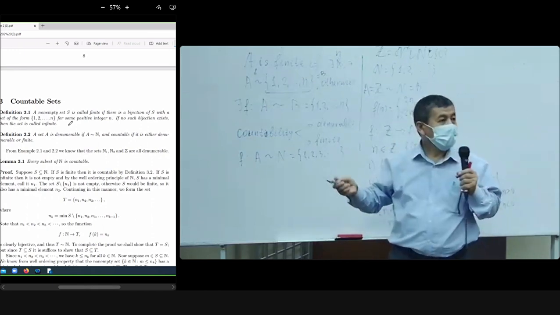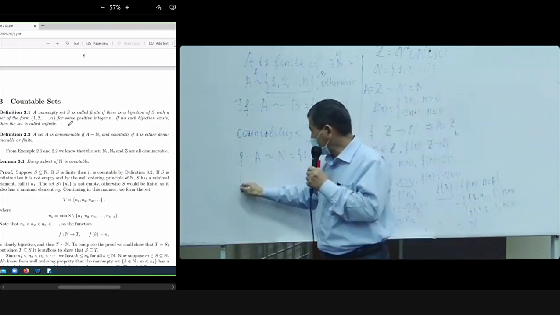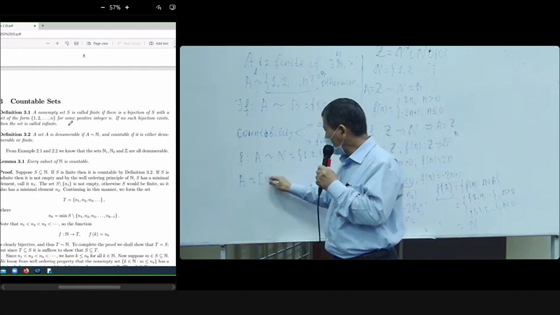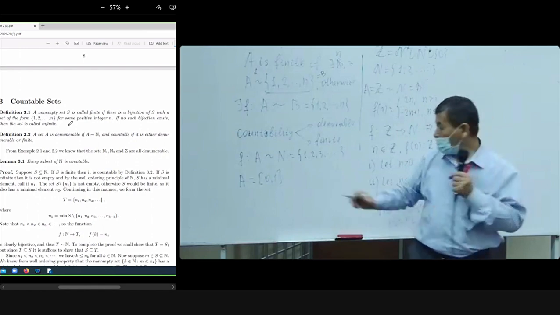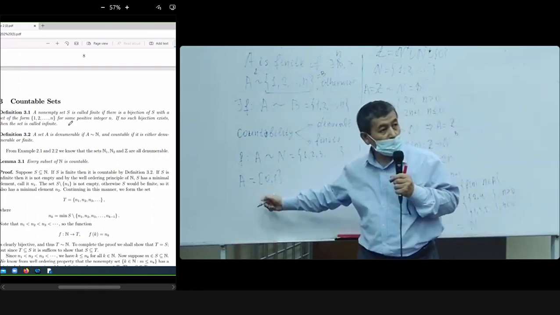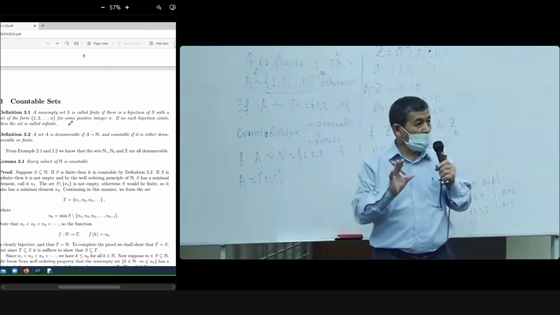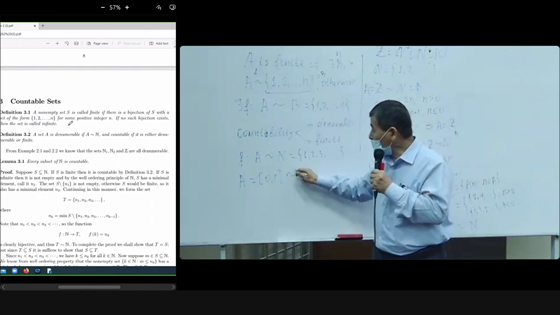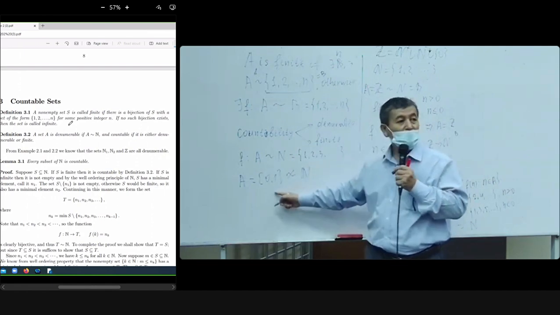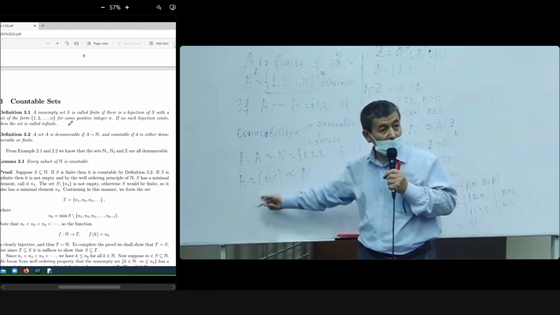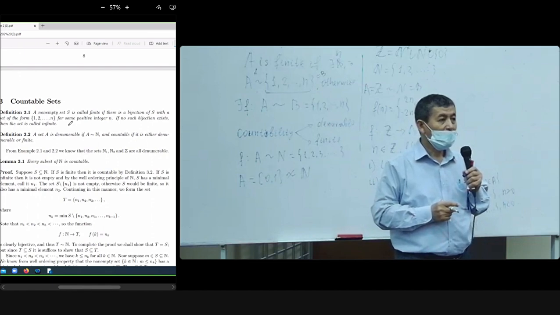Now I will take just a very small interval, 0 to 1, a finite interval. But the elements of this interval are uncountable. It means we cannot find a bijective function between this interval and N. Cannot.